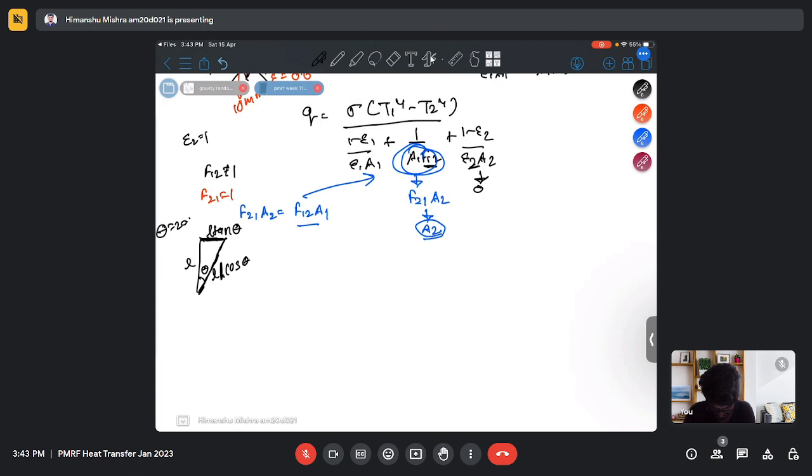So my A2 by A1 will be 2 L tan theta by L by cos theta, basically, so it will be sin theta.